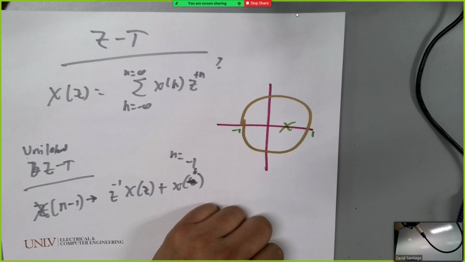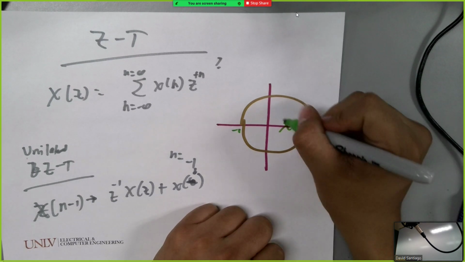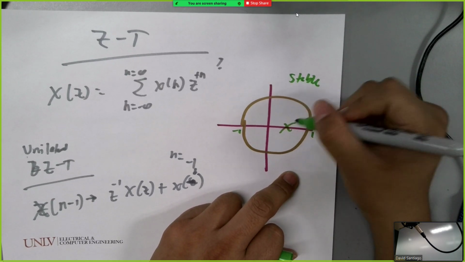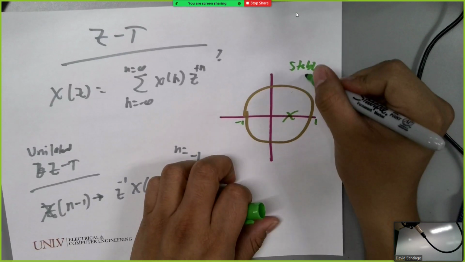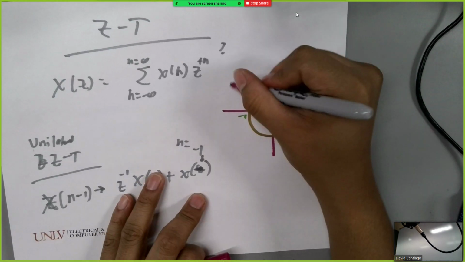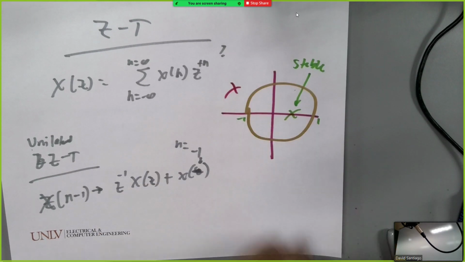Is it stable or unstable? Come on, trivial. I'm scared, guys. I'm really scared. Stable. What happens if I have a pole right here? Unstable.